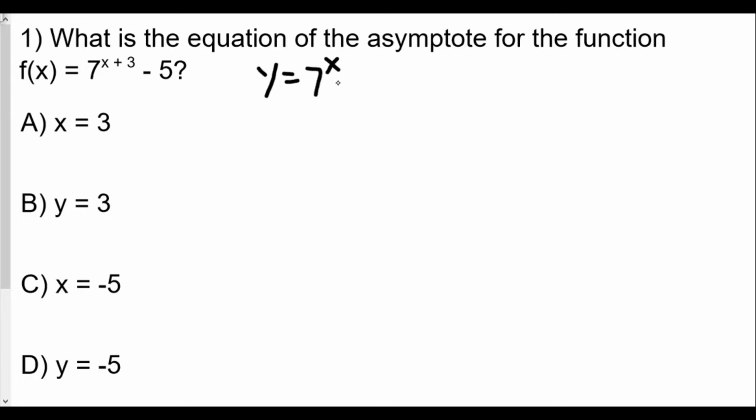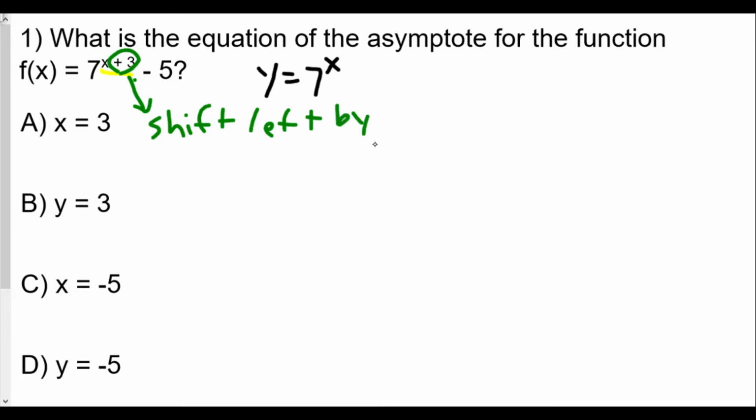We see here that the x plus 3, whenever we have a number that's either adding or subtracting the x value in the function, it's going to be a horizontal shift, meaning shift left and right. And so when we see x plus 3, this plus 3 for the x really means shift left by 3.